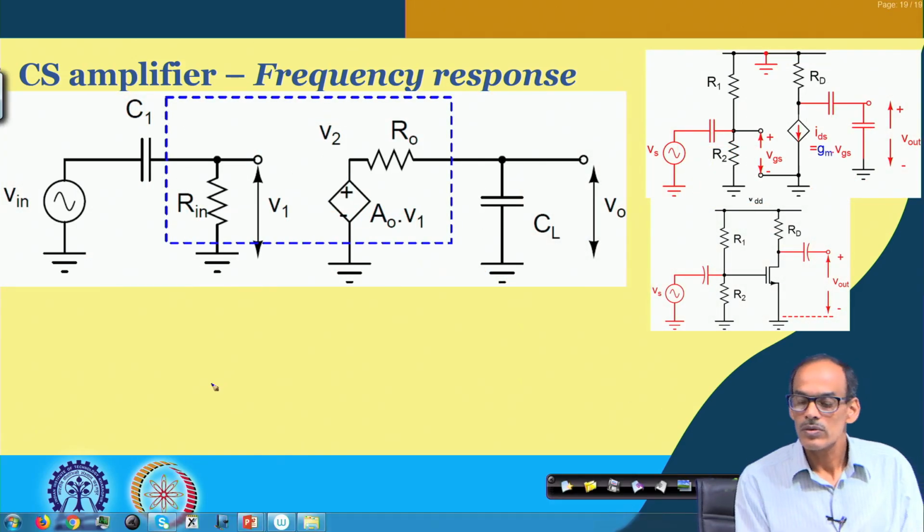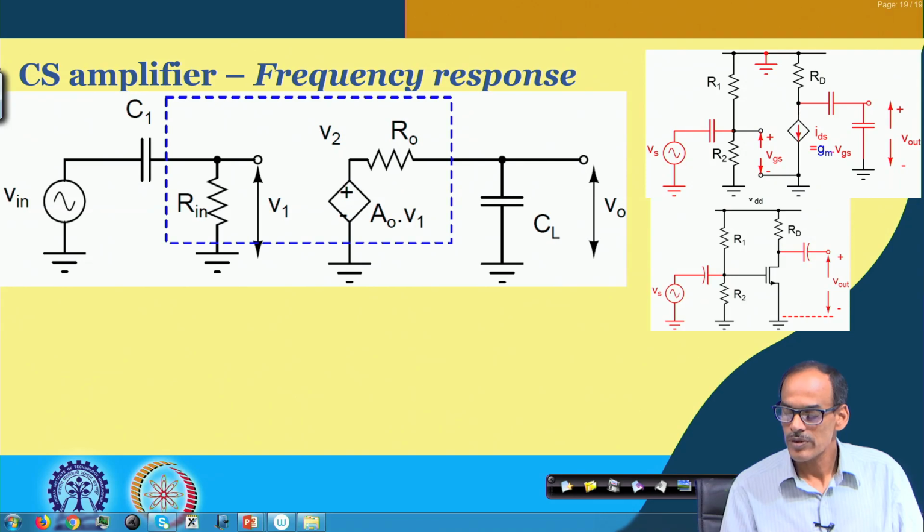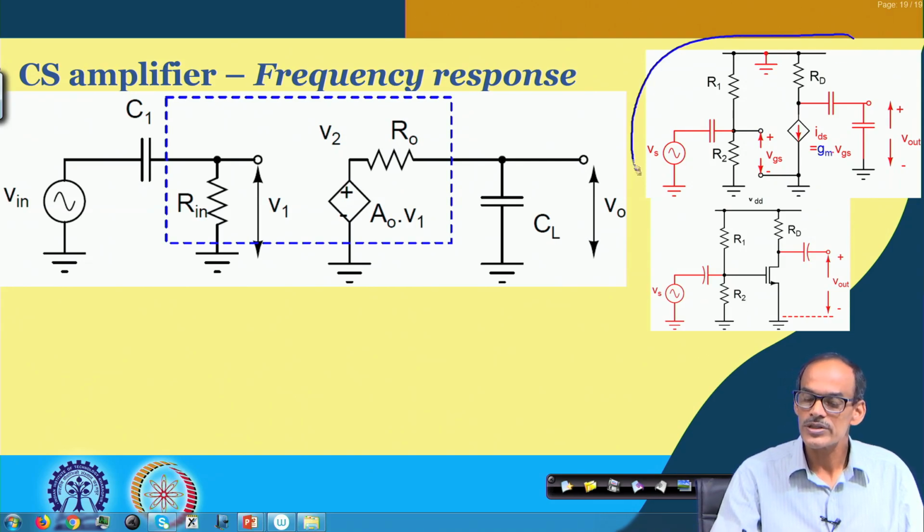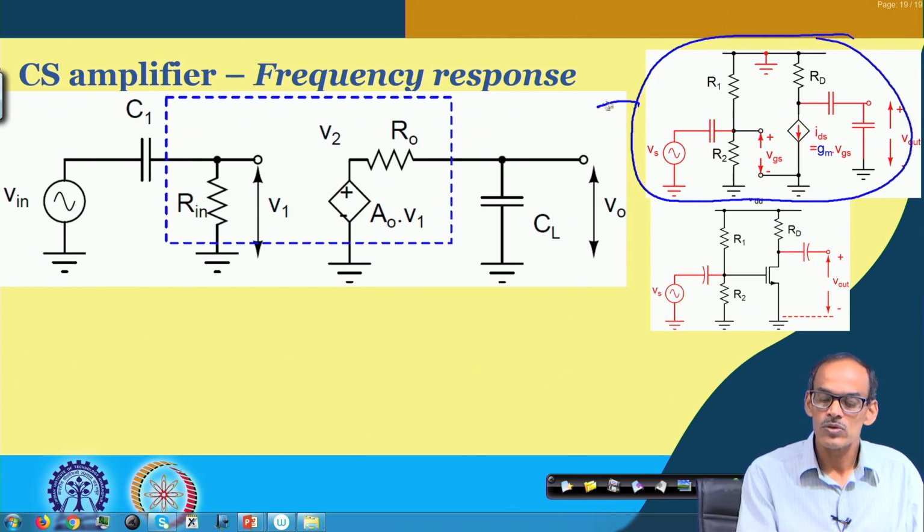Yes. So, for our reference, I am again keeping this diagram we have just discussed, and this circuit we are mapping into this generalized form. We do have the C1 here.